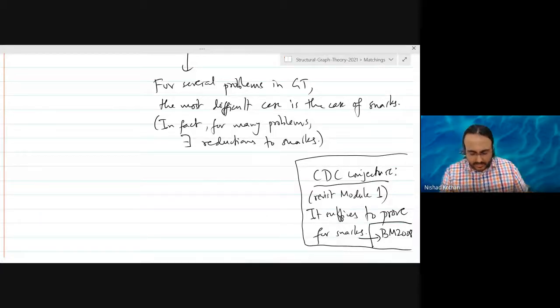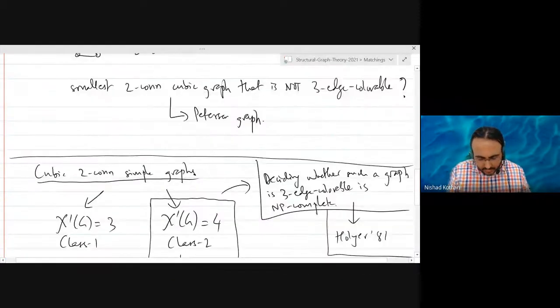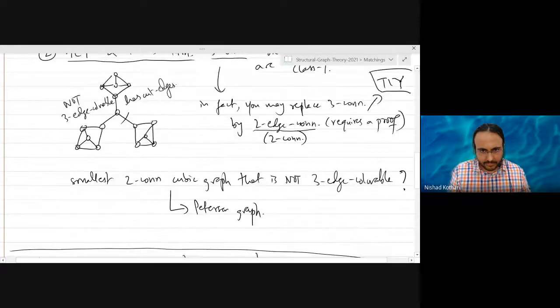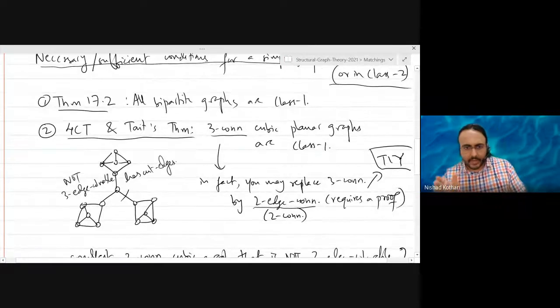That's one example. Another example is the four color conjecture itself, right? If you go back to Tait's theorem, it says that proving the four color conjecture is equivalent to proving that three connected cubic planar graphs are all in class 1. That means that if you have any snark, it cannot be planar. So another way of looking at the four color conjecture is to just show that every snark is non-planar.